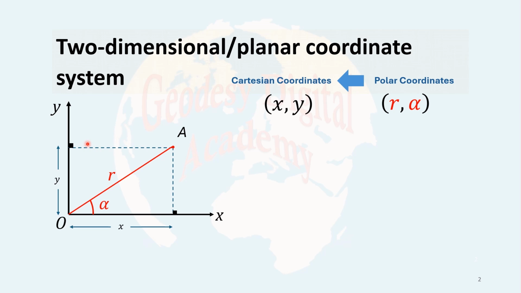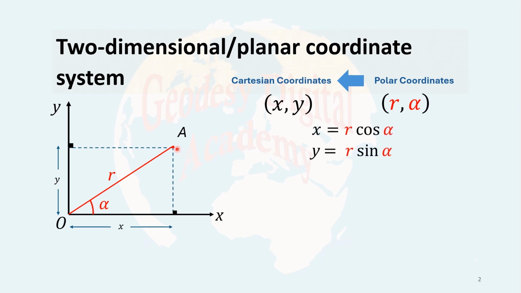For example, let me start with this polar coordinate system. Polar coordinates that I want to convert them to the Cartesian coordinates. To do so, look at here. We have a right angle triangle here. And if I have R, as you see here, and I have the angle alpha, it is simple to see that x will be R cosine of alpha.